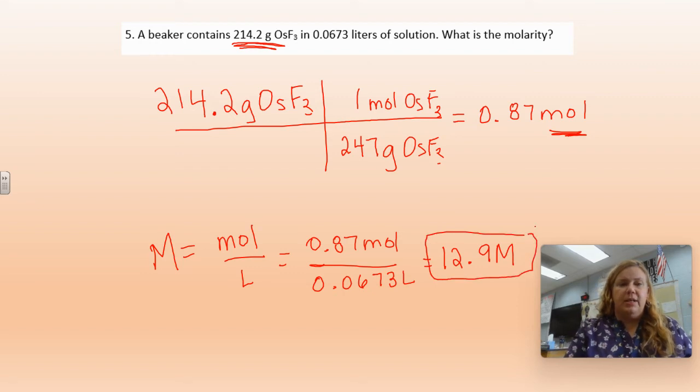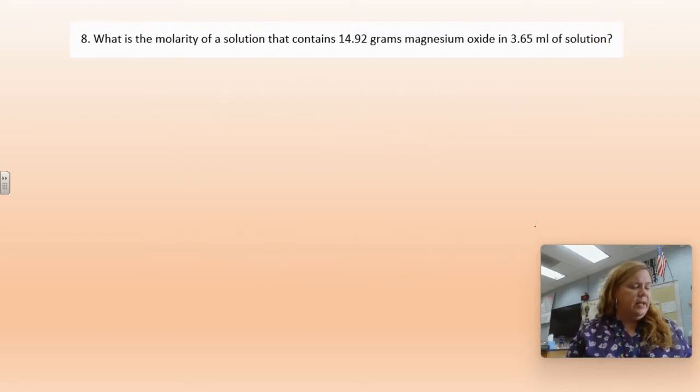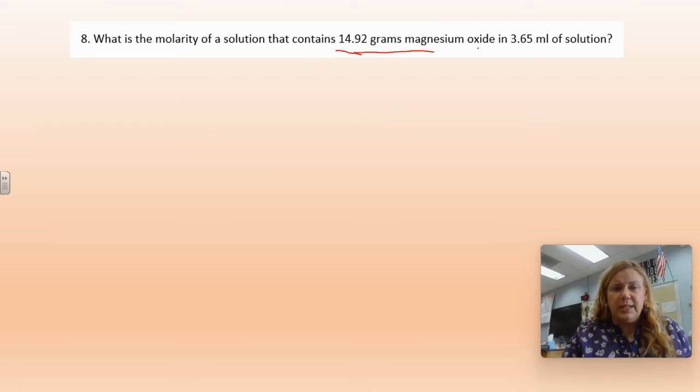Okay, let's take a look at the next problem. This is number 8 according to your sheet. And again, we start in grams, and we have a couple conversions to make because we have to go grams to moles, and then we have to go milliliters to liters because ultimately we need to be able to solve our molarity equation, which again is molarity equals moles over liters.